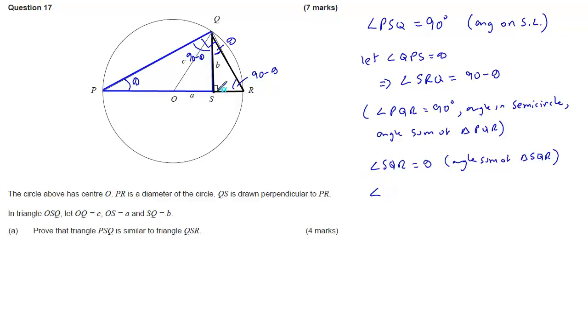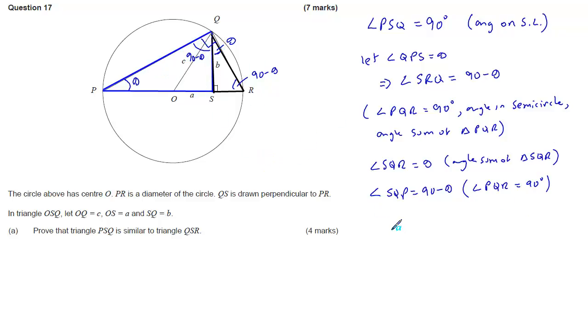So angle SQP is 90 minus theta. Actually, that's not the angle sum at all. Let's just get rid of that. That's because angle PQR is 90 degrees, as we stated before. And if this bit's theta, that must be 90 minus theta.